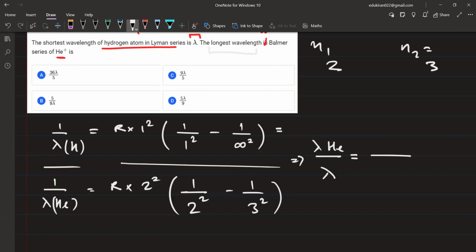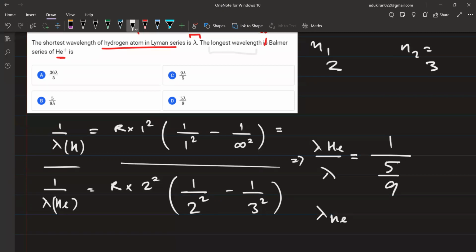Nine minus 4 is equal to 5. 5 upon 9 into 4. 4 तो cancel हो जाएगा. So you'll have here 5 upon 9 और यहाँ पे 1 हो जाएगा.